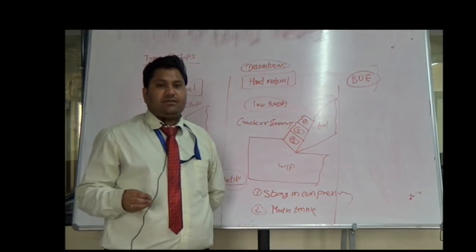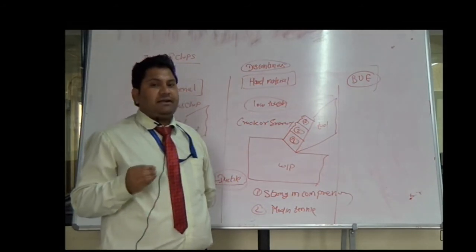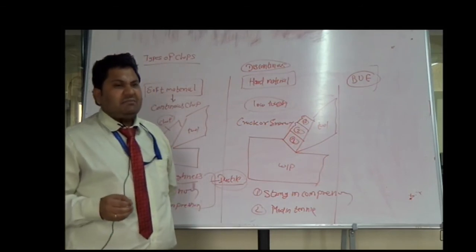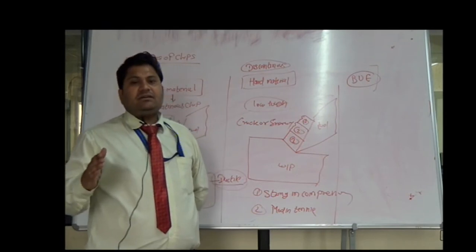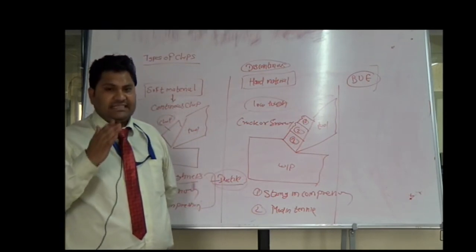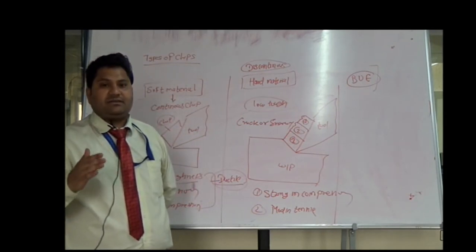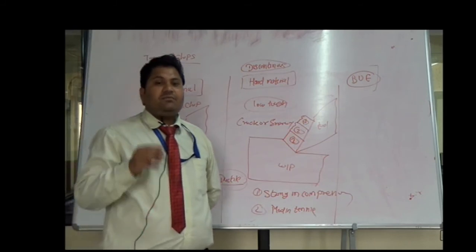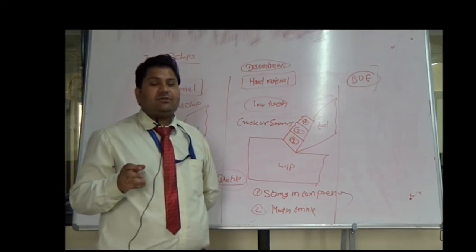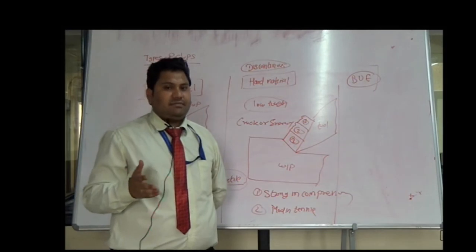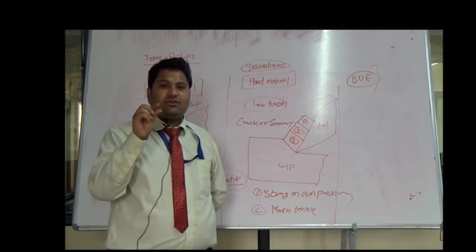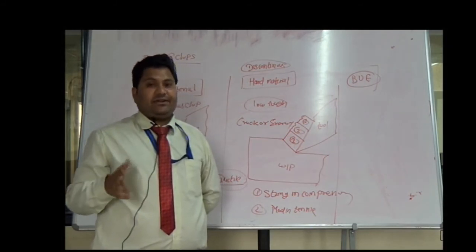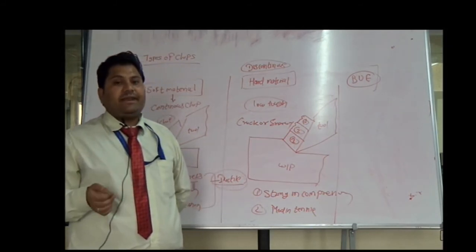When these small particles are exposed to the high temperature of machining, because of the welding properties, these high temperature microchips get adhered or welded onto the rake face of the tool.